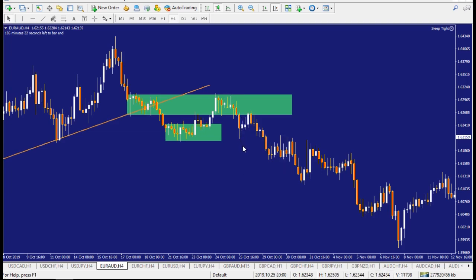If you look here, you will say, okay, we should have a leg down, retracement, continue zone, but we don't have the leg down. We have the retracement to touch or tag this zone first before we go.